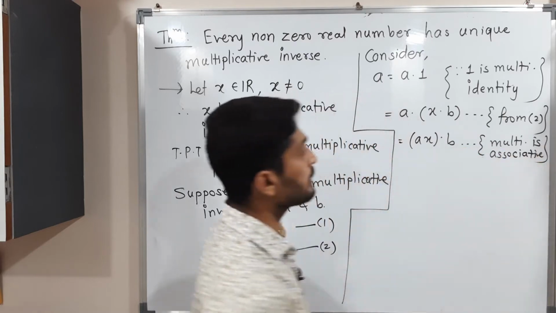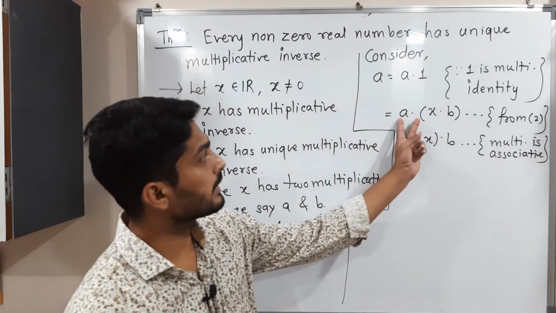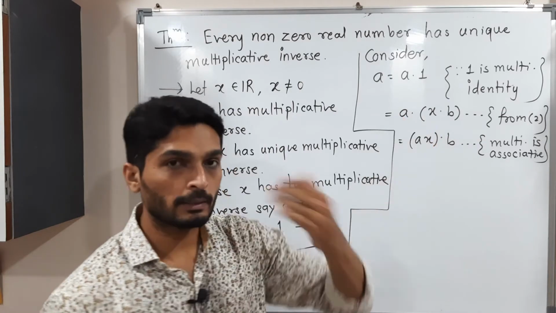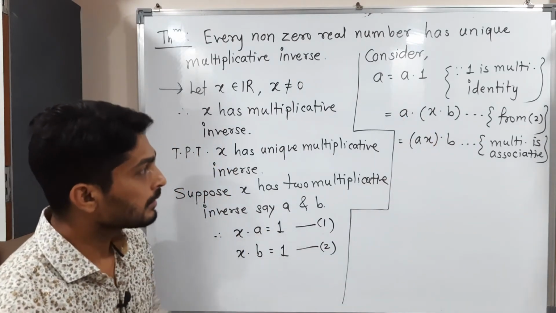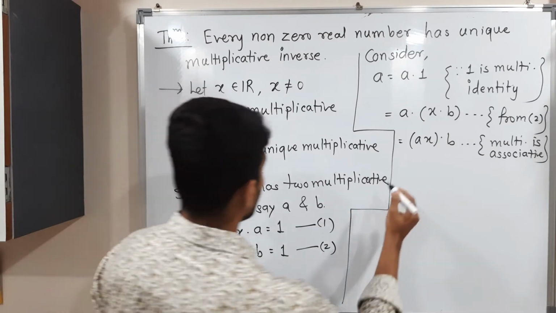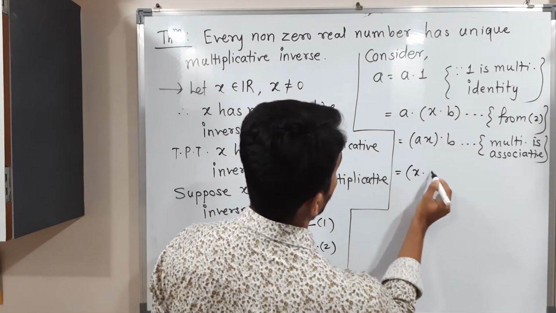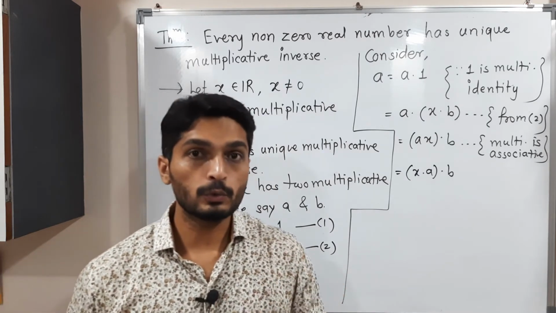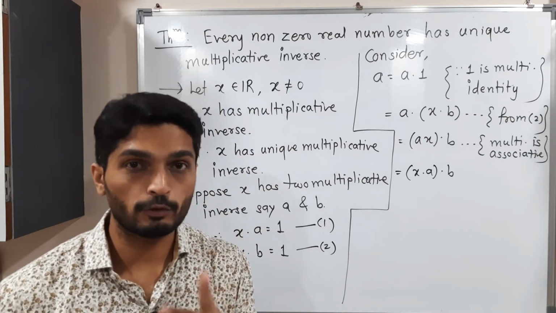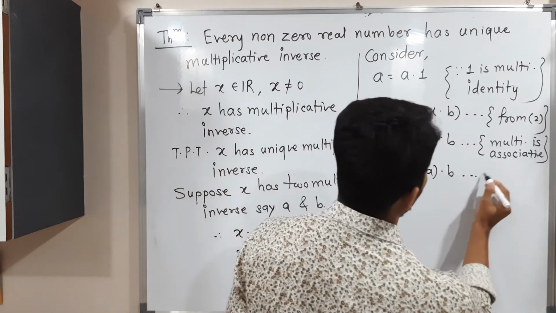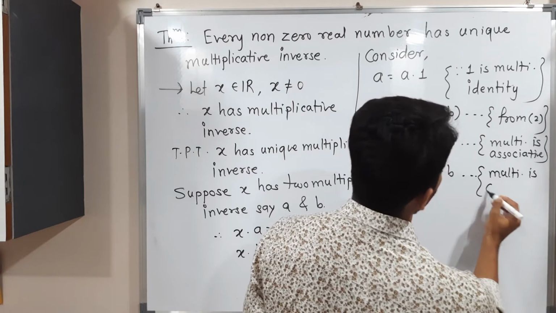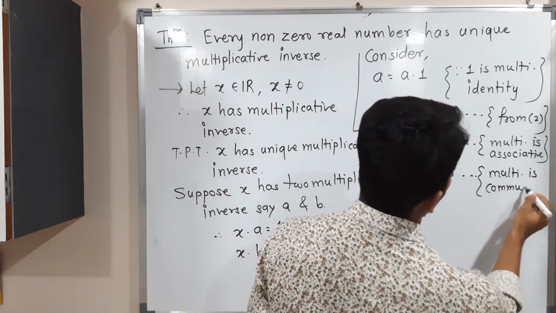So that's why we can write A into x, then multiply by B. That means in this way, you can take product of these two first, then you can multiply by B. But see, A into x, this is nothing but x into A. 2 into 3 is same as 3 into 2 because multiplication is commutative. You can interchange because multiplication is commutative.